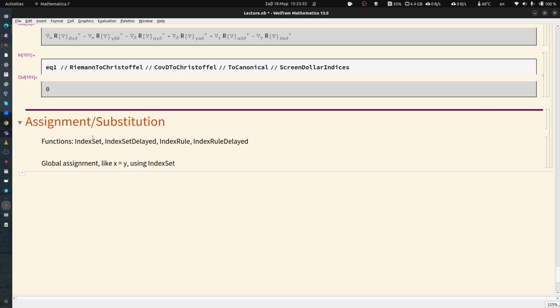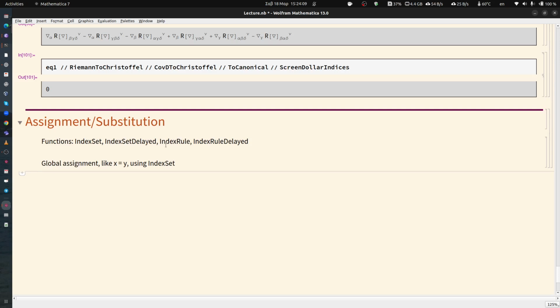So there are special functions that do this job, and first we will start with the functions IndexSet and IndexSetDelayed, and this is equivalent to the equal sign in different expressions. So instead of saying A equals B, we will say IndexSet A comma B, but the result will be that the symbol A will now be substituted with B everywhere in all expressions.